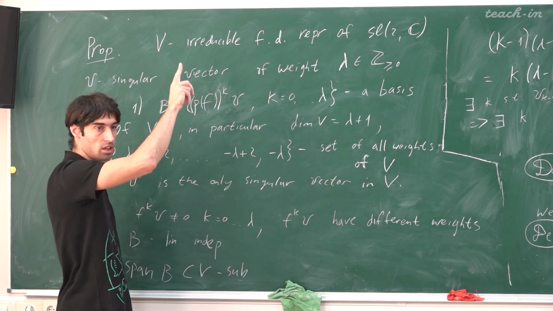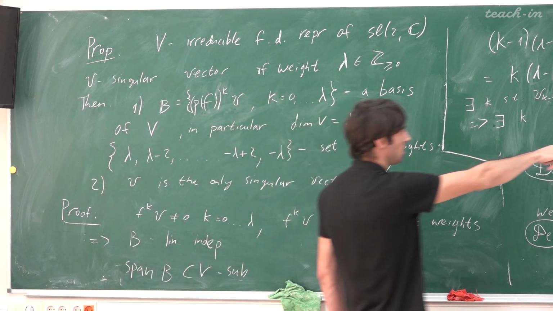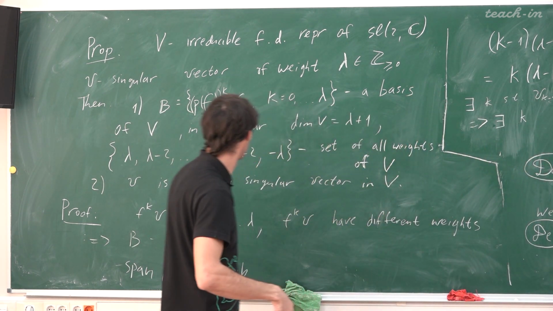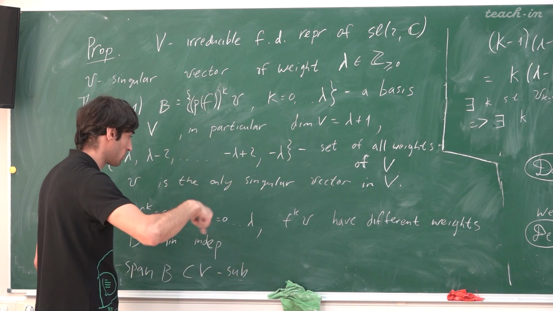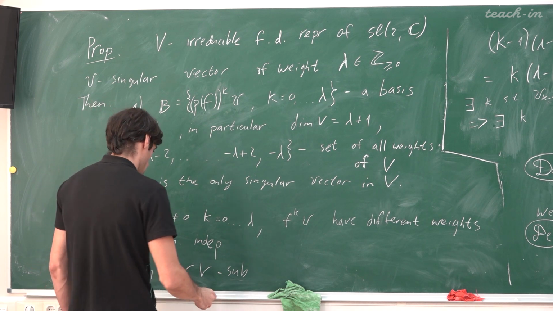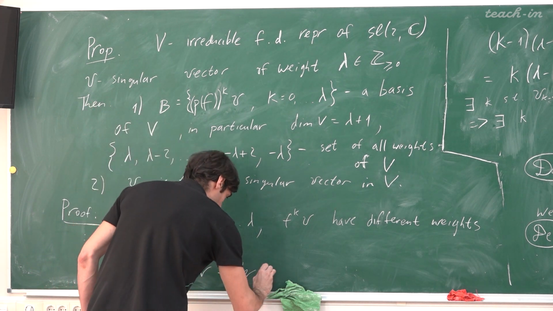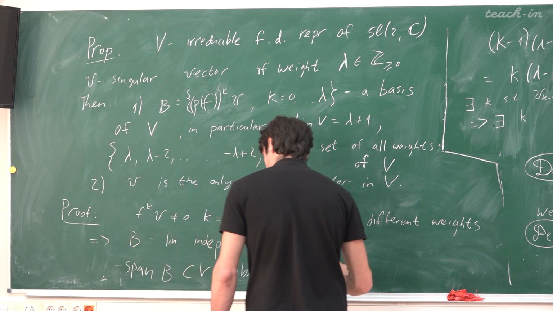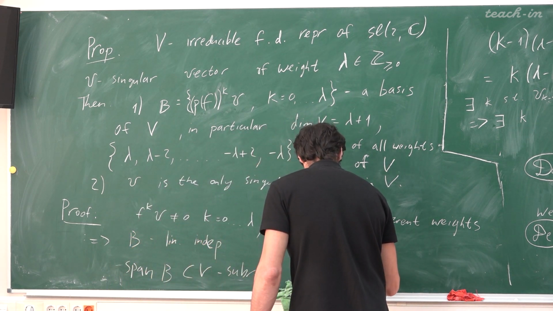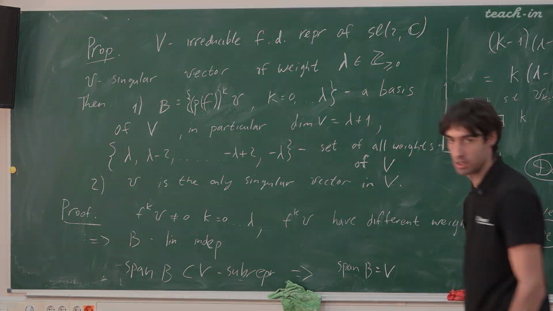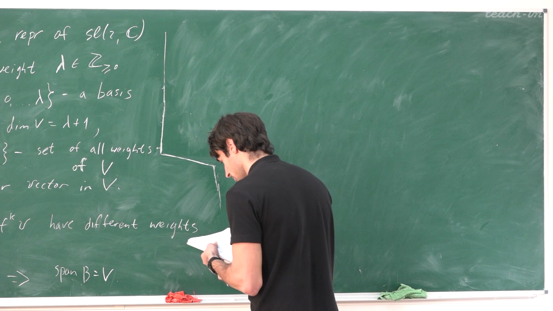E goes up with multiplication by such a number, and F just goes to v_k with the next index. So it is a subrepresentation. Since V is irreducible, span B is just V. And we proved 1. Let's prove 2.